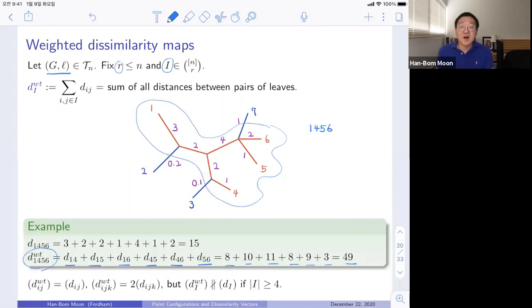When the size of I is 3, then the weighted version is 2 times the non-weighted version. But when R is greater than or equal to 4, then the vector we can obtain by using weighted dissimilarity and the ordinary dissimilarity, they are not parallel. They are not scalar multiples of each other.